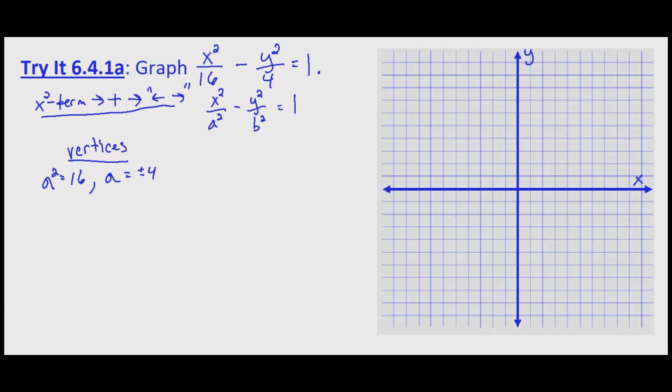Notice that similar to an ellipse, with no terms being added or subtracted to x or y before they're squared, the center is just the origin. So our vertices in the x direction, because the x squared term comes first, are going to be at negative 4, 0, and 4, 0.